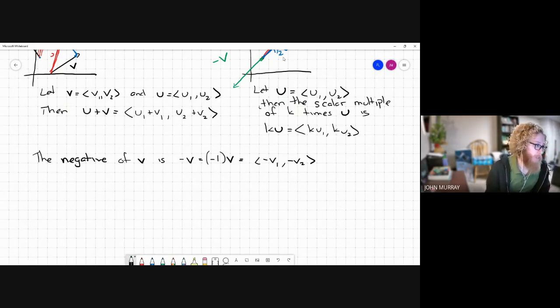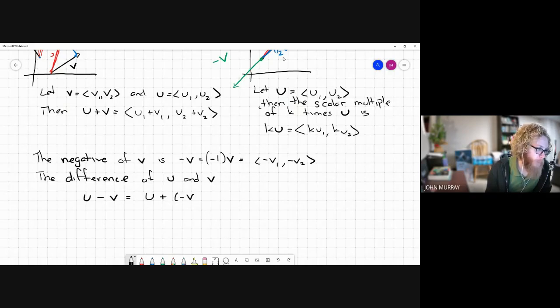So if I take that into consideration, then I can say the difference of two vectors, u and v, if I had u minus v, okay, that would be the same as u plus -v.